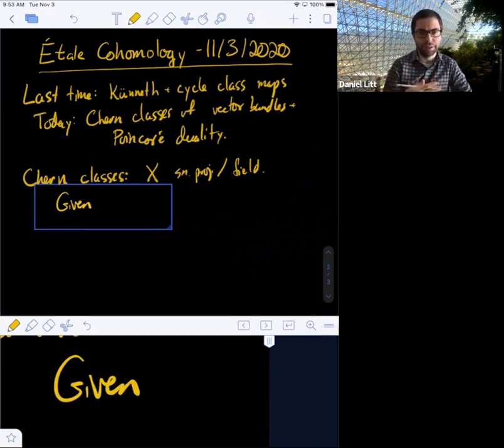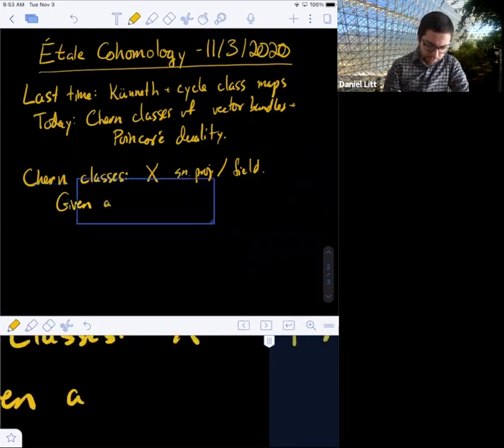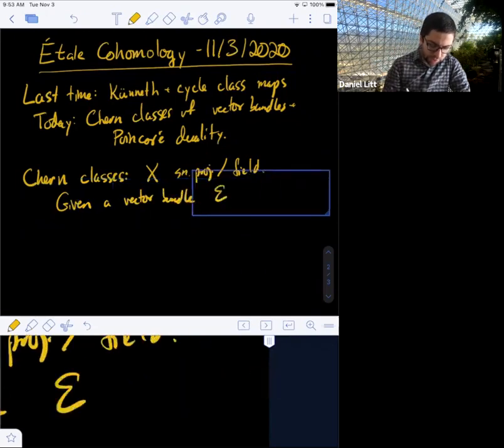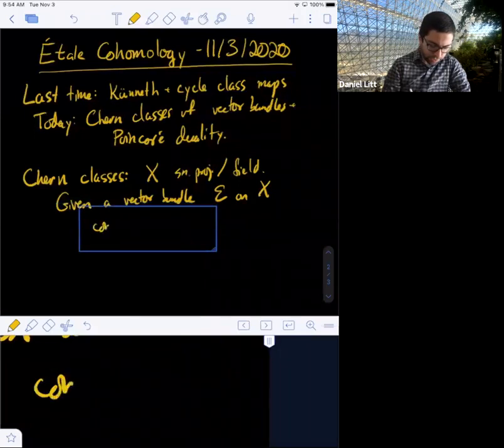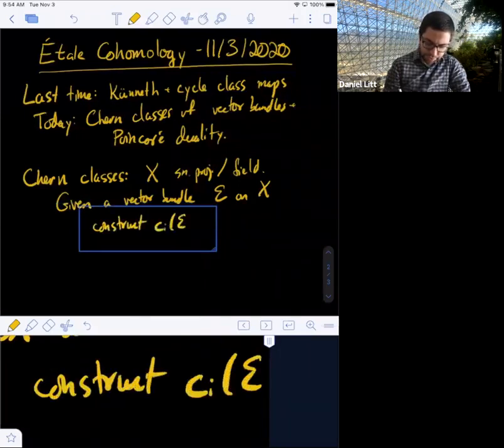In particular, the definition of Chern classes doesn't require it, but a lot of the properties do. So I'll indicate where we actually use it. So given a vector bundle E on X, the goal will be to construct classes, so Chern classes Ci of E.